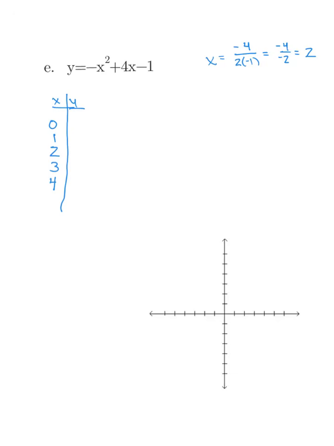So let's start plugging in values and see what we get. If I plug in 0, I get minus 0 squared plus 4 times 0 minus 1 equals negative 1. If we plug in 1, we get minus 1 squared plus 4 times 1 minus 1 equals 2.